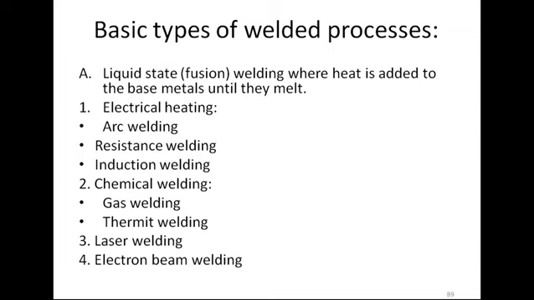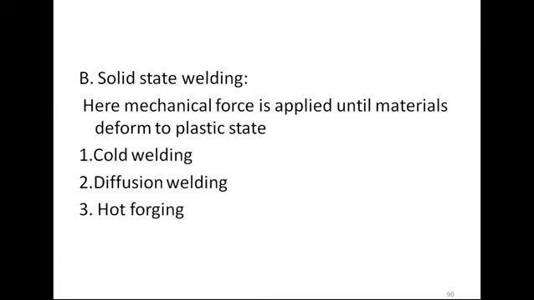Another type is thermite welding, the third one is laser welding, where by using laser rays we can do the welding process, and the fourth one is electron beam welding, where by using electrons we can do the welding process. So the first one is fusion welding, and the second type of welding process is solid state welding.